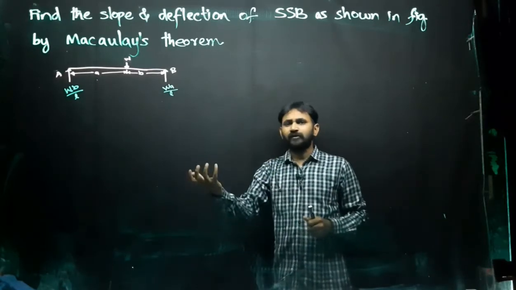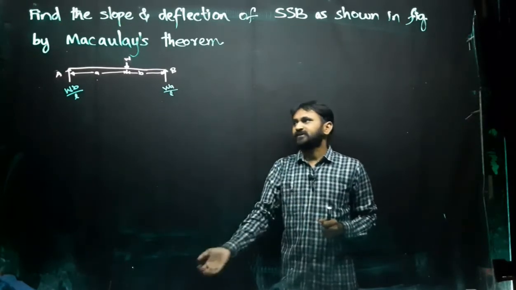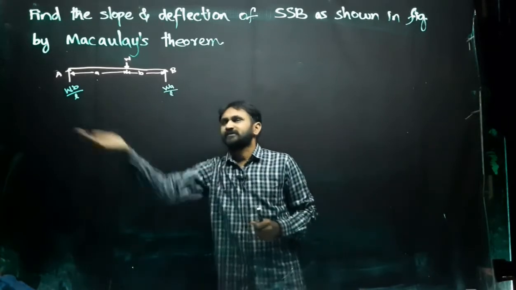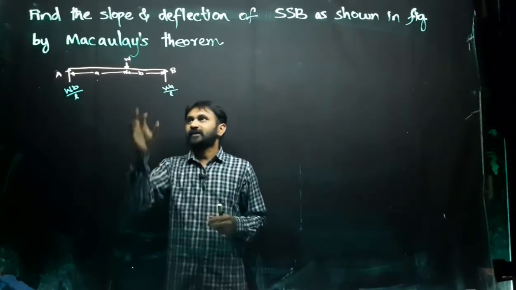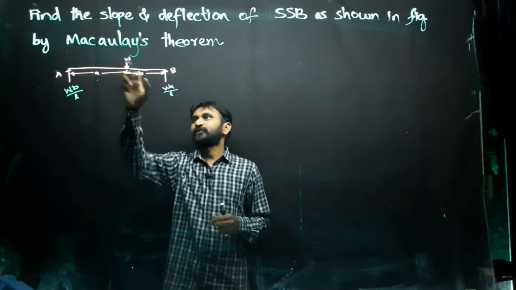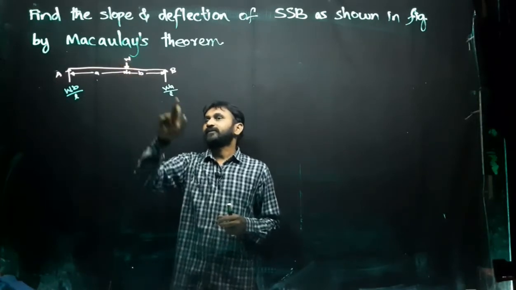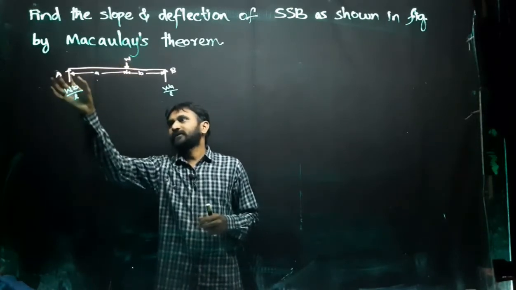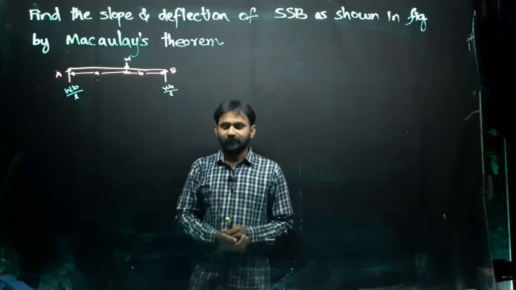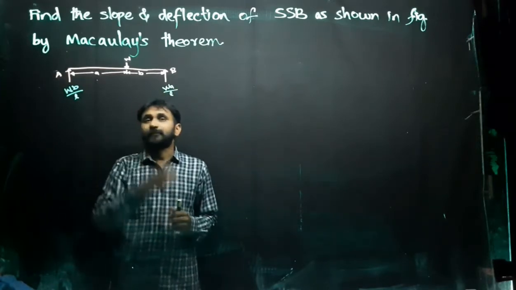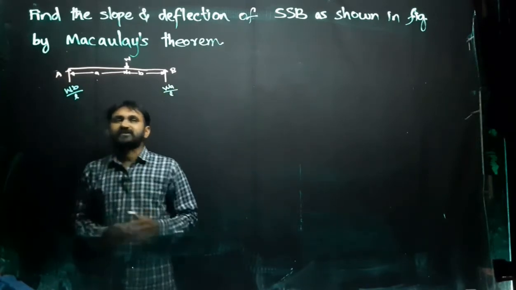If it is a point load, easily you can solve by using force into moments formula. Actually we don't have any numerical values, so that's why we are going to do it like this. This will be WB by L, this is WA by L.